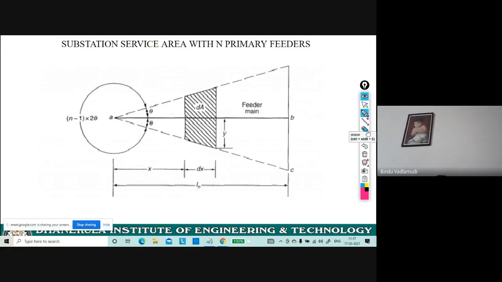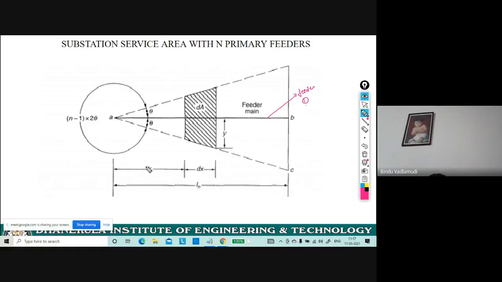If you observe this diagram, out of n number of feeders, we are showing the area covered by a single feeder. A, B indicates the feeder main. This is the first feeder, and in this way we have n number of feeders.